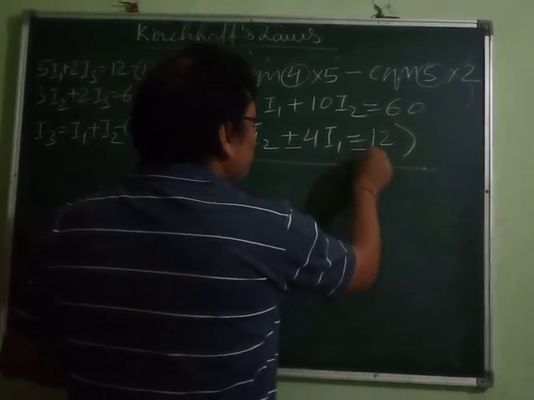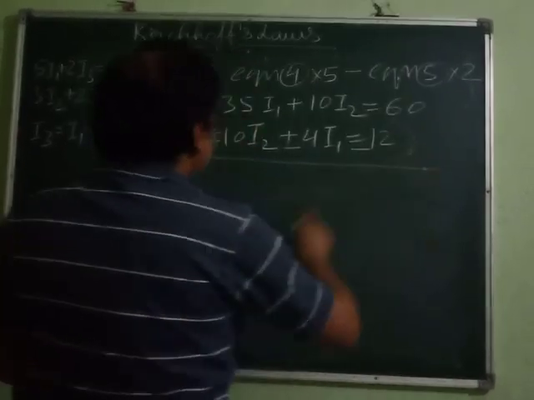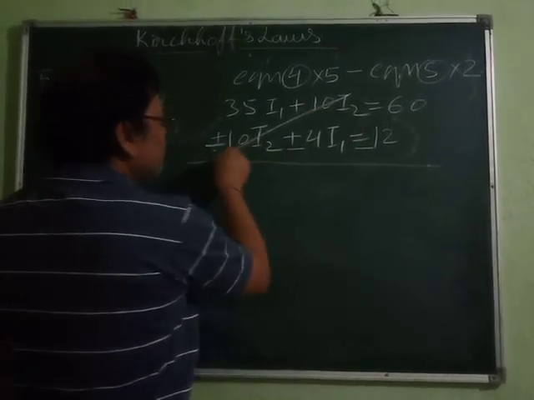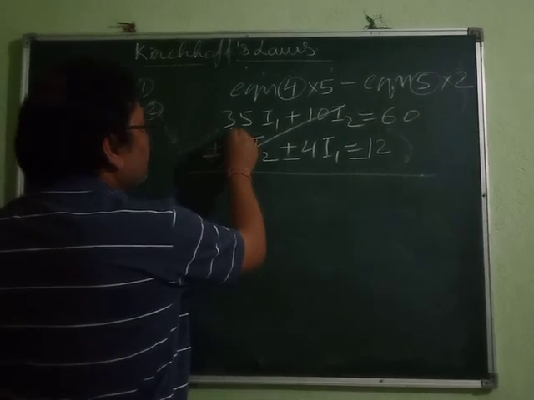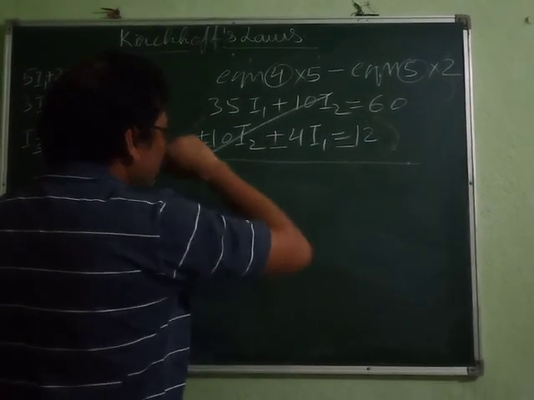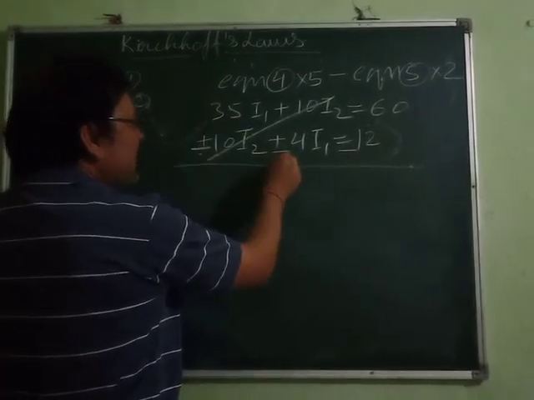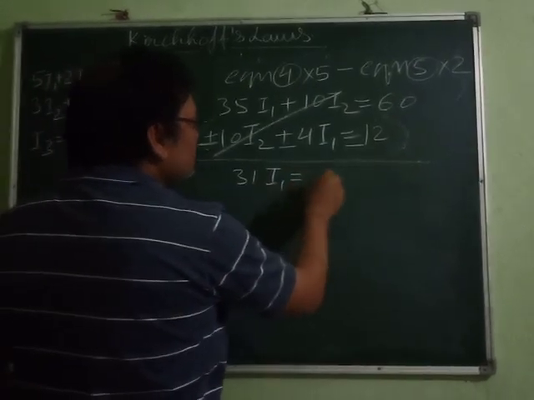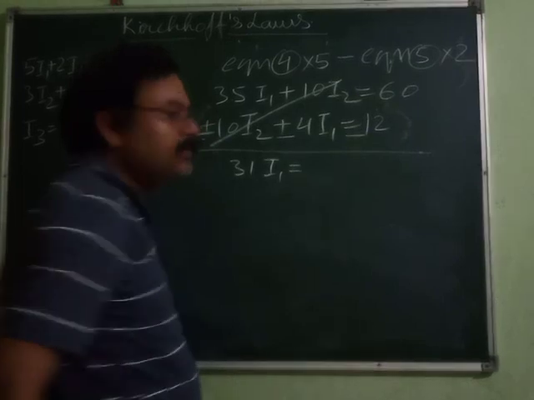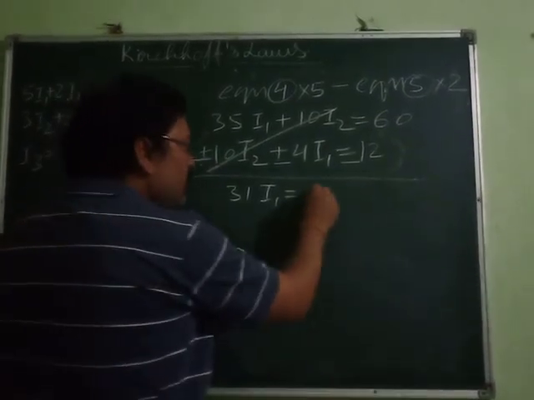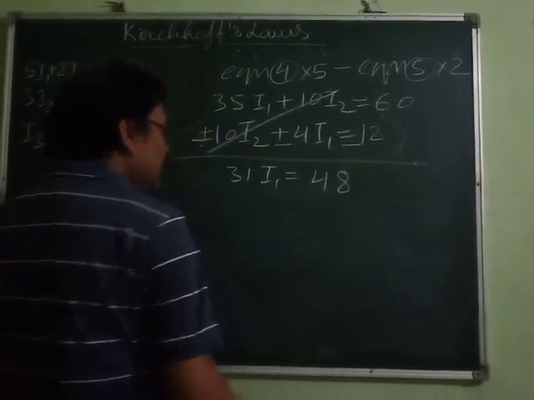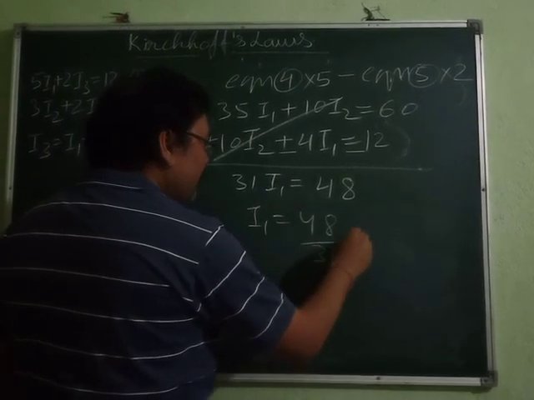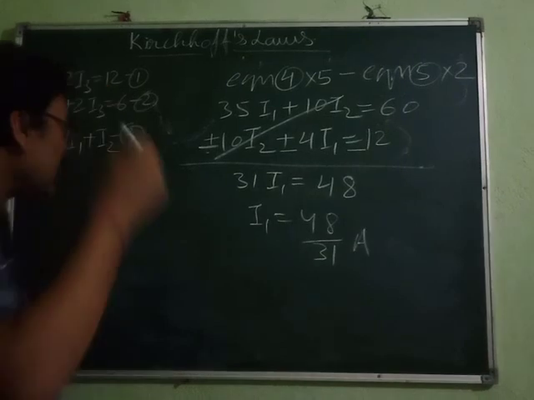So minus 10 I2 here plus 10 I2 will get cancelled. 35 I1 minus 4 I1, so 35 minus 4 is how much? 31 I1 is equal to 60 minus 12, 48. So I1 is equal to how much? 48 by 31 ampere. So you got I1.